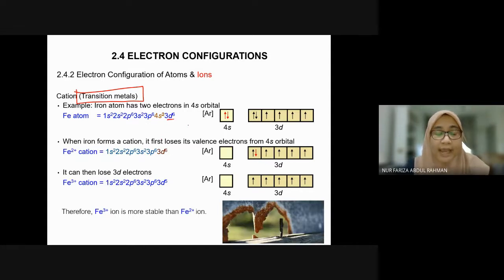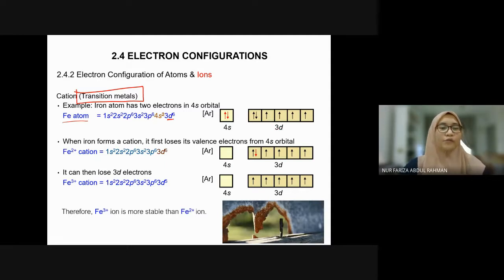So 3D6. This is the electronic configuration of iron, the original one. This is the condensed orbital diagram for the iron atom: 4S2, 3D6.